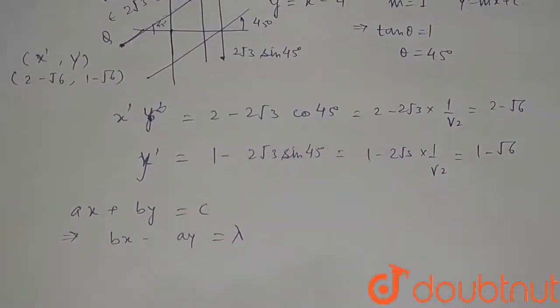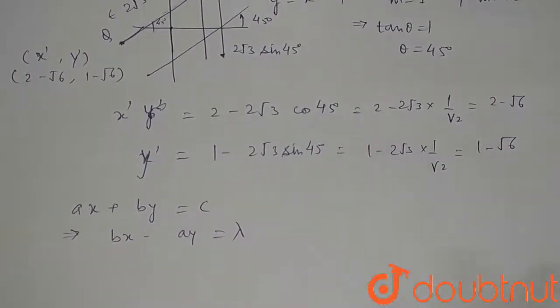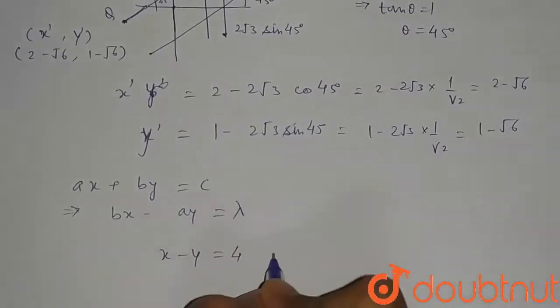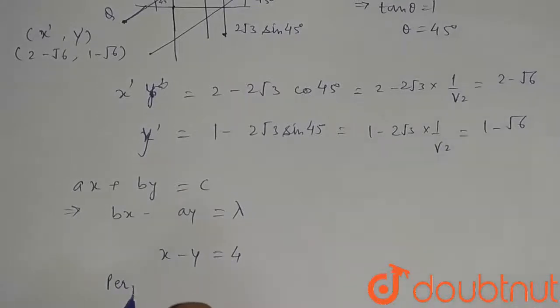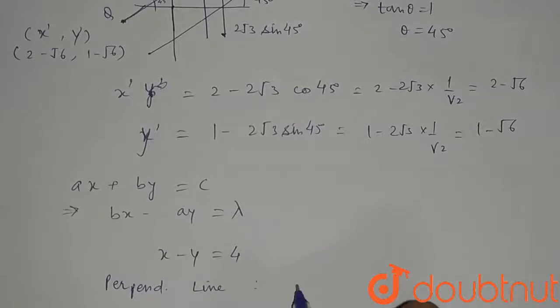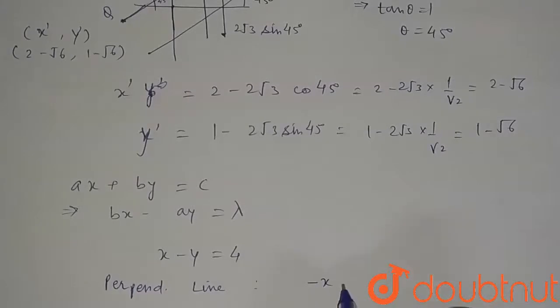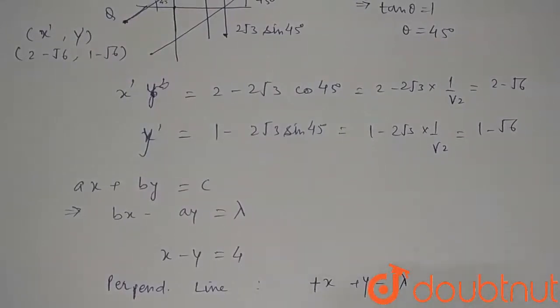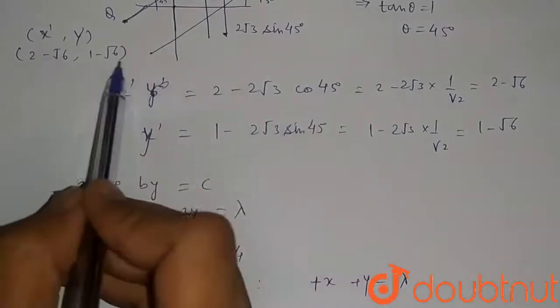So we have the given line x minus y equals 4. So the perpendicular line would be x plus y equals lambda, and we just have to satisfy this point in this line.